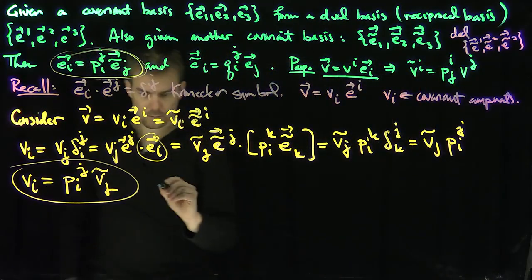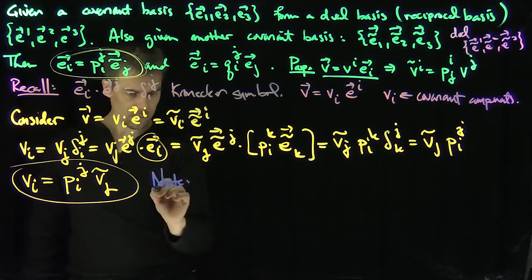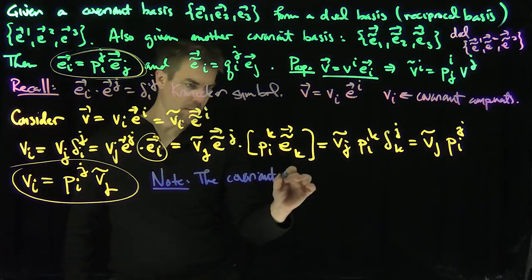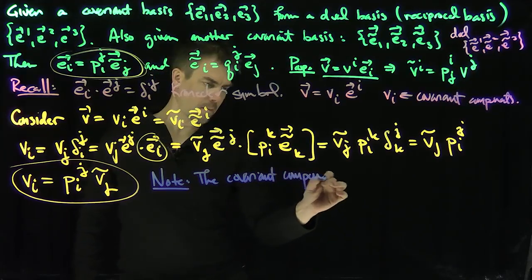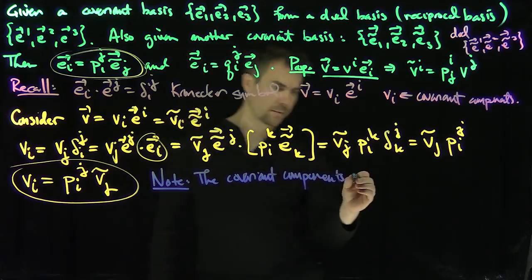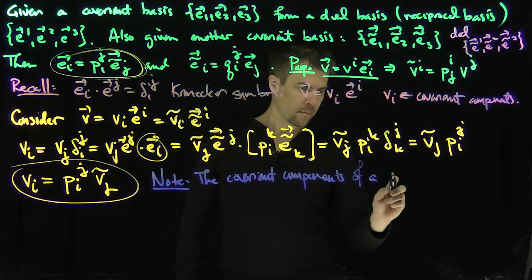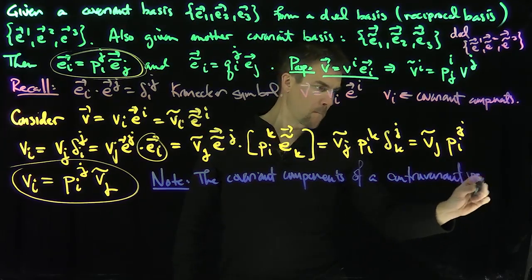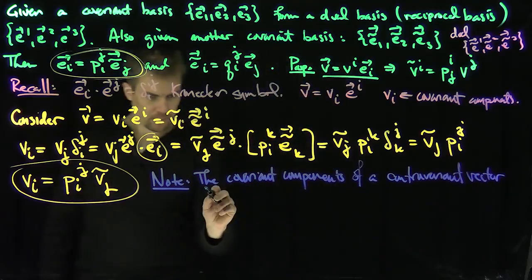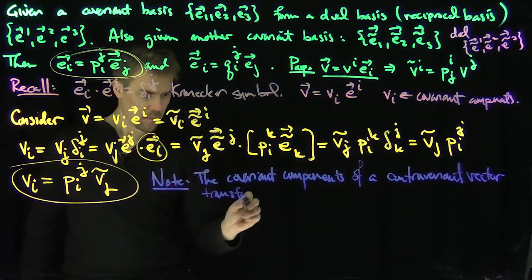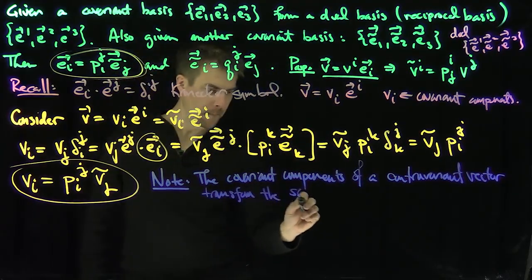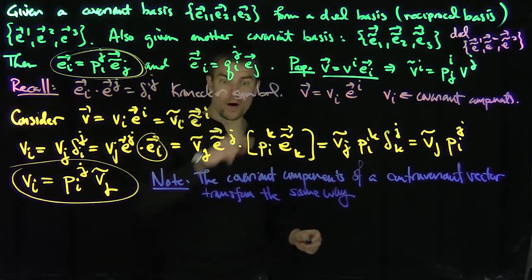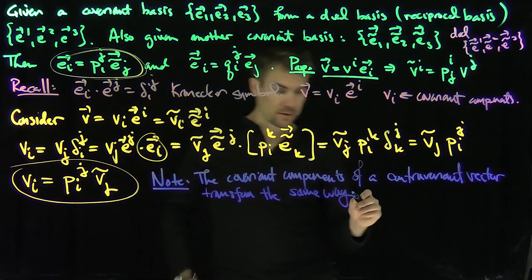So note the covariant components of the contravariant vector transform the same way as the covariant vectors.